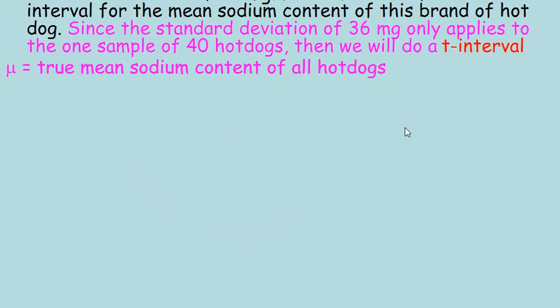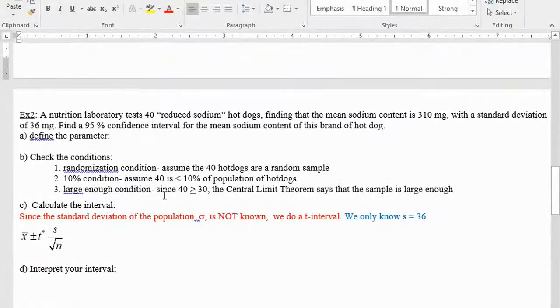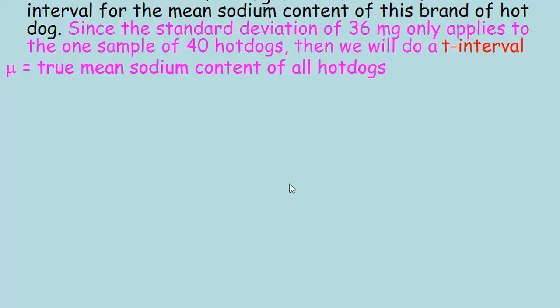Step 2, check some conditions. Randomization condition: assume we have a random sample of 40 hot dogs. 10% condition: assume that 40 is less than 10% of all hot dogs.